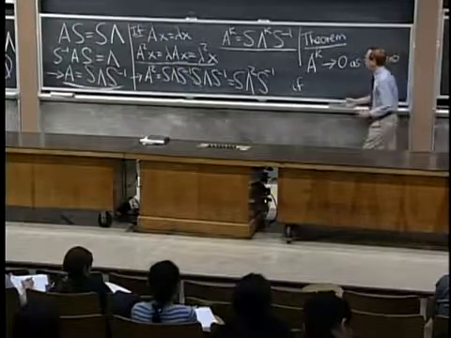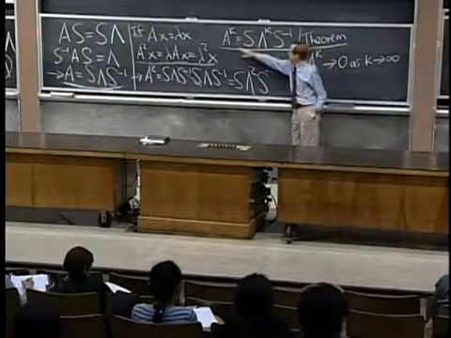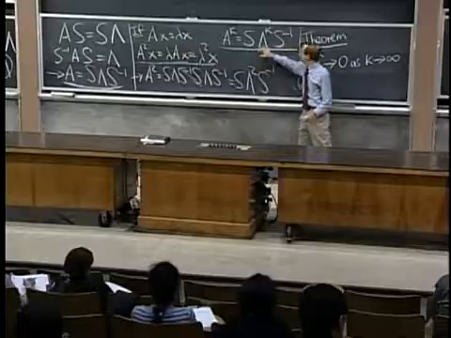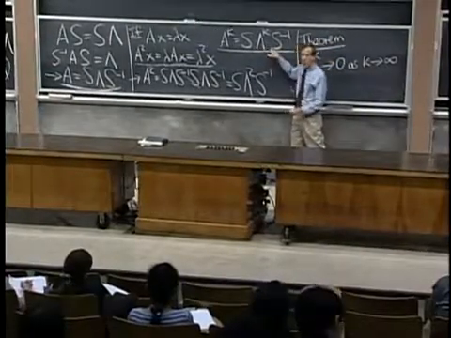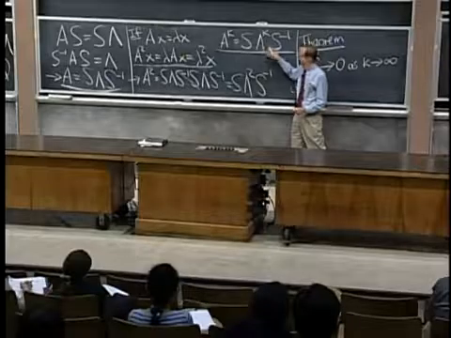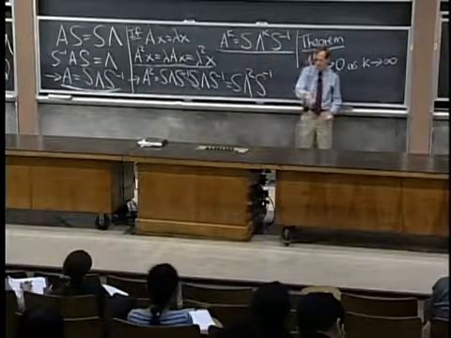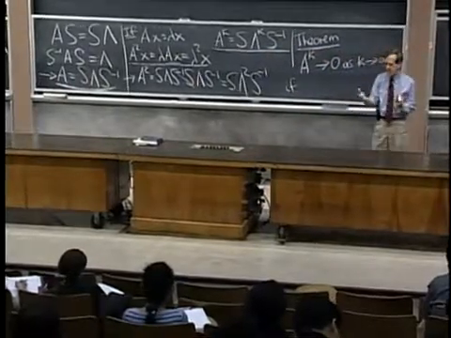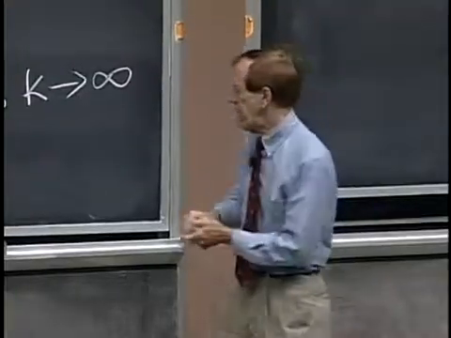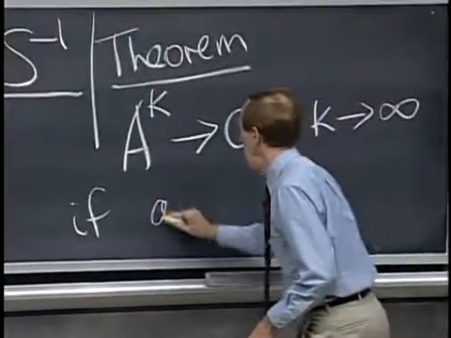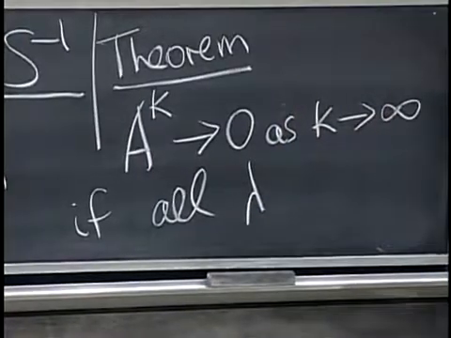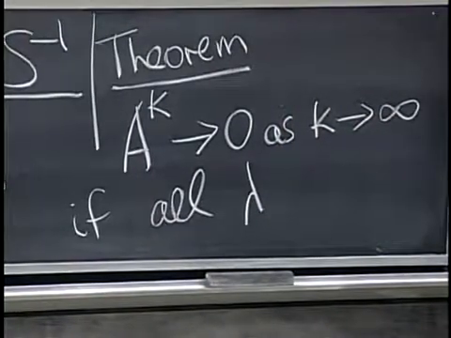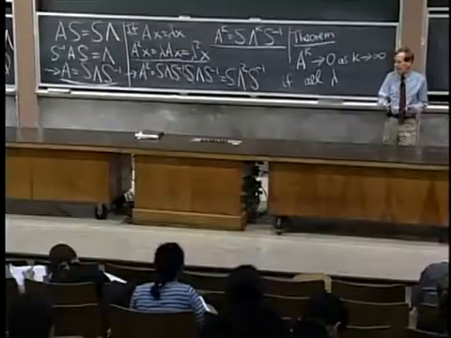What do I need to know so that if I take higher and higher powers of A, this matrix gets smaller and smaller? Well, S and S inverse are not moving. So it's this guy that has to get small, and that's easy to understand. The requirement is all eigenvalues. The eigenvalues have to be less than 1.